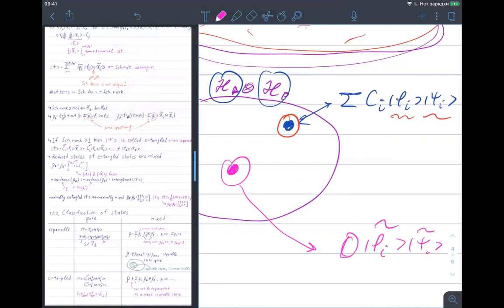So the information will not disappear, because each state corresponds to a new basis. It's not an isomorphism between the first space and the second space. There is no unique basis in the second space for any point in the first space.